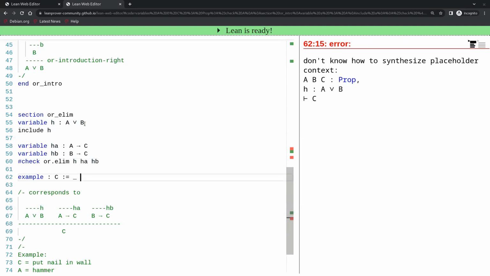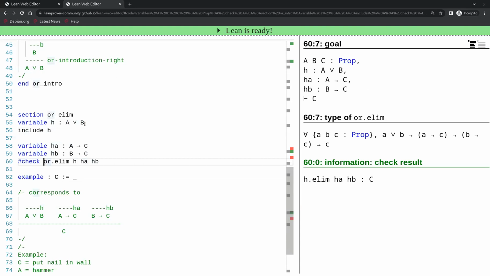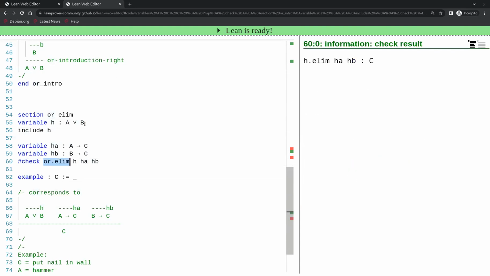So let's look first at this constant that is built in Lean, that is called Or.elim. And Or.elim takes three arguments. The first argument is a proof of A or B, which is called h here.